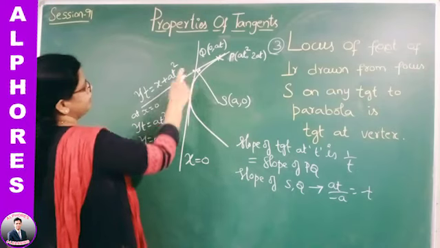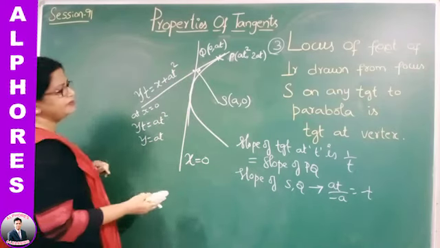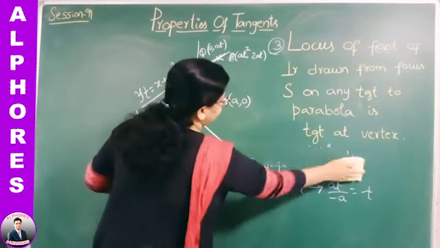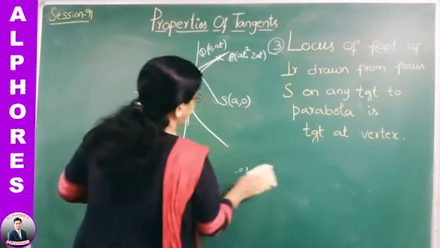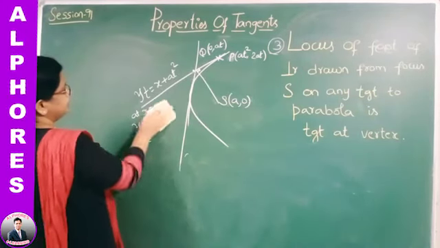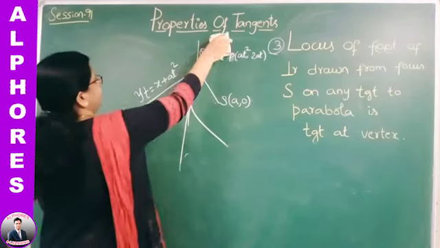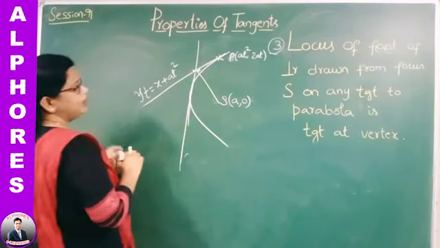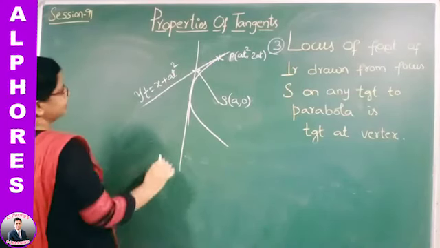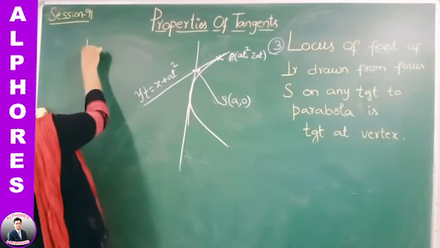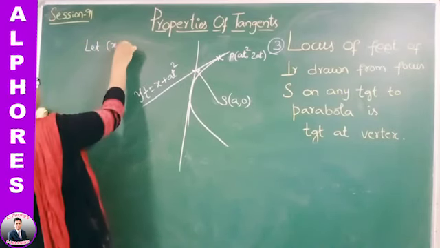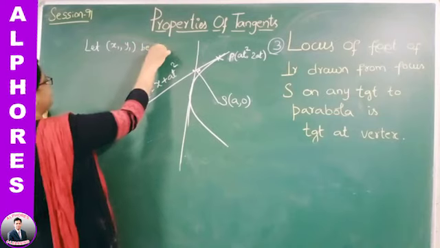Let us take the foot of perpendicular as (x1, y1). Instead of this way, you can do exactly the theorem, that is, let us take the point of intersection, we don't know it in the beginning, so let us take it as (x1, y1). So let (x1, y1) be the foot of perpendicular, okay students.